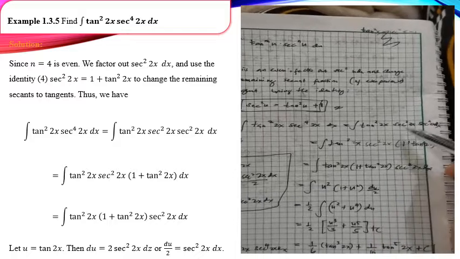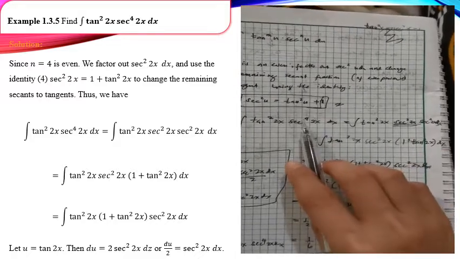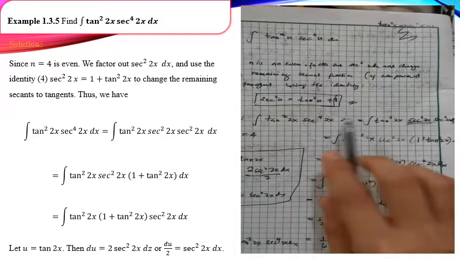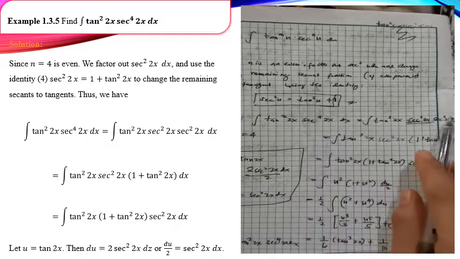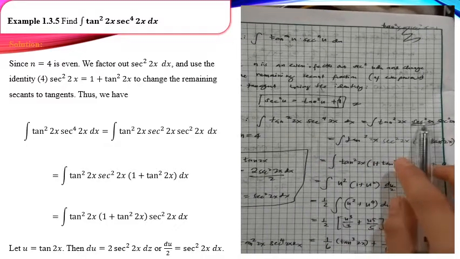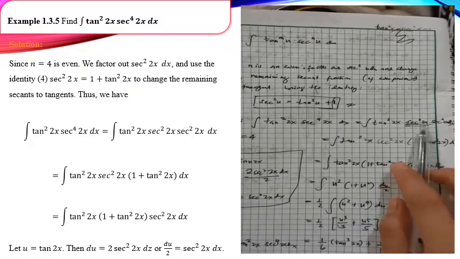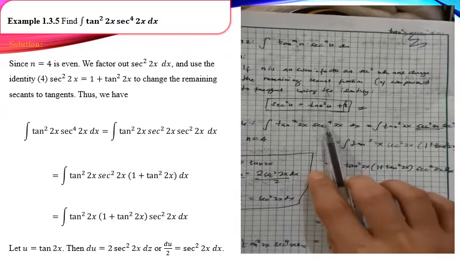So, eto yung binawas natin. Ibig sabihin, eto yung factor out natin dito. So, 4 minus 2 is 2. Kasi pag i-times natin to, secant 2x quantity squared multiplied by itself is, pabalik siya dito sa product natin na secant 2x raised to the power of 4.